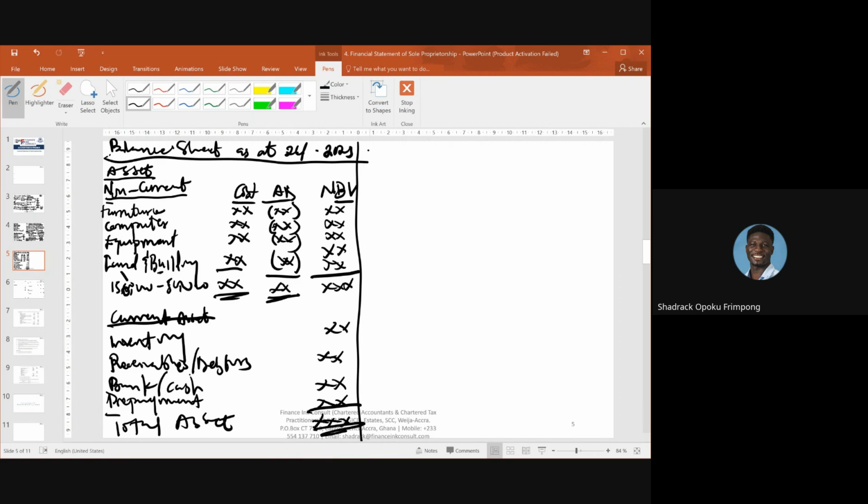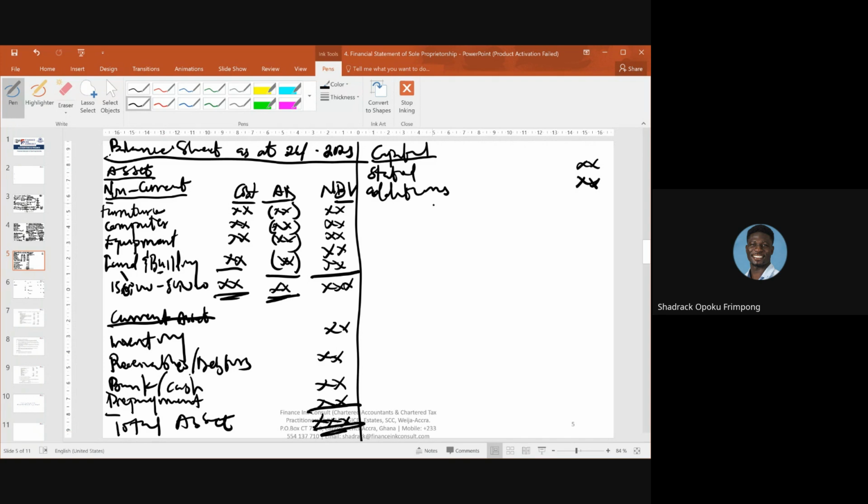Then we move to our capital plus liability. So capital. We said our capital is made up of what? Stated capital or initial capital. So let's say stated capital. Let's say any additions.